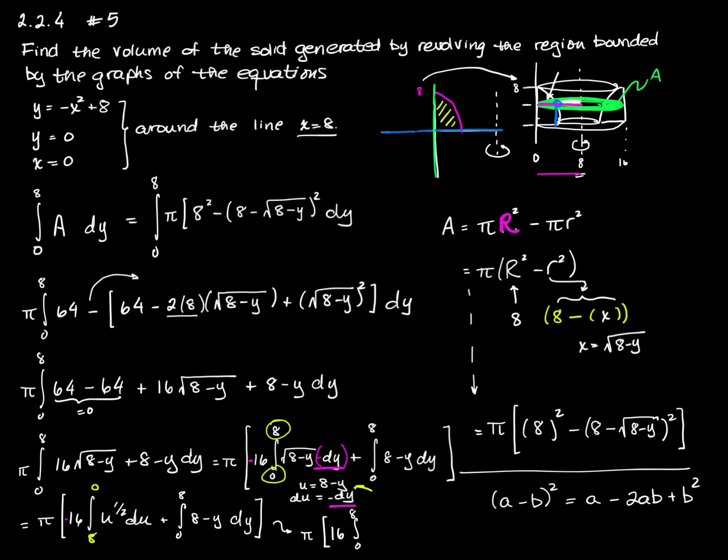The numerical bounds will often change when you're plugging values in for y or x to determine what your new bounds in terms of u are, right? So I'm going to integrate u to the 1/2 du. And now notice 0 to 8. I have one integral in terms of u and one in terms of y.